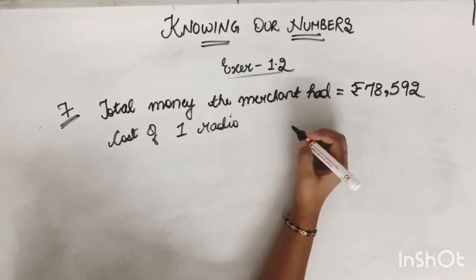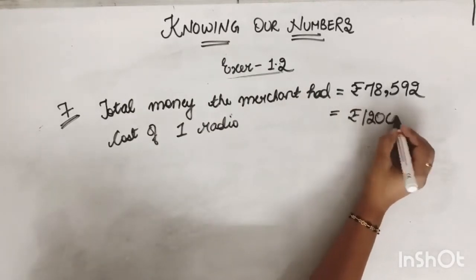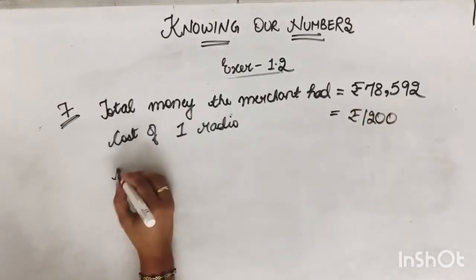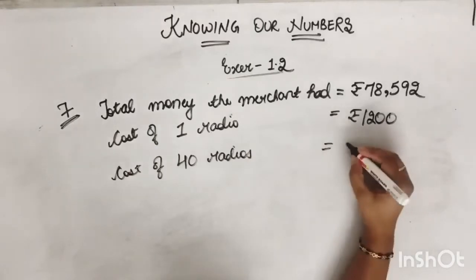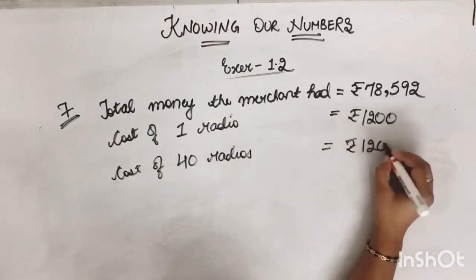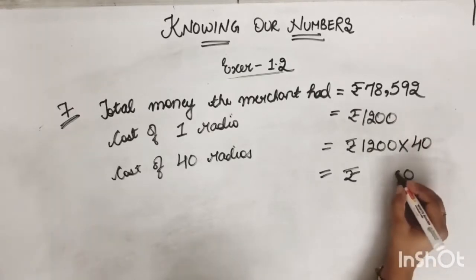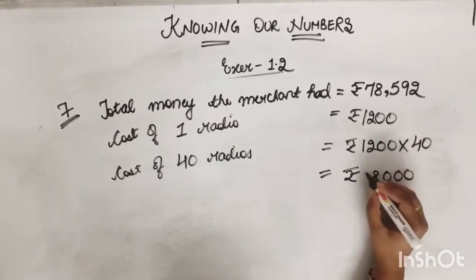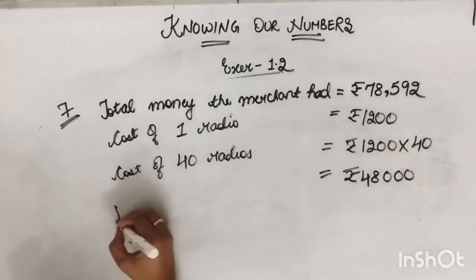What is the cost of one radio? Rupees 1200. Next is cost of 40 radios, which will be rupees 1200 into 40, 48,000.